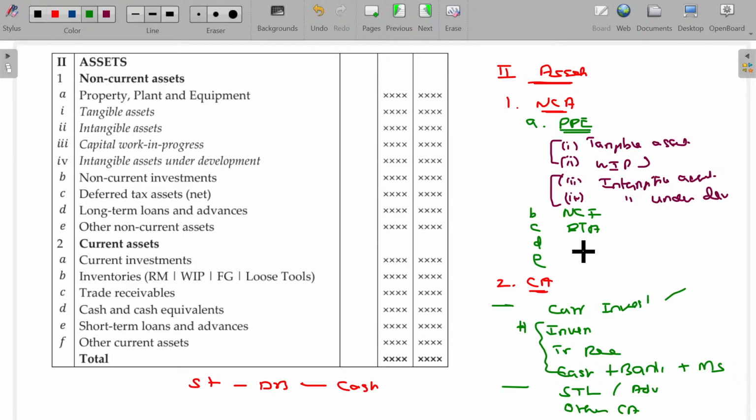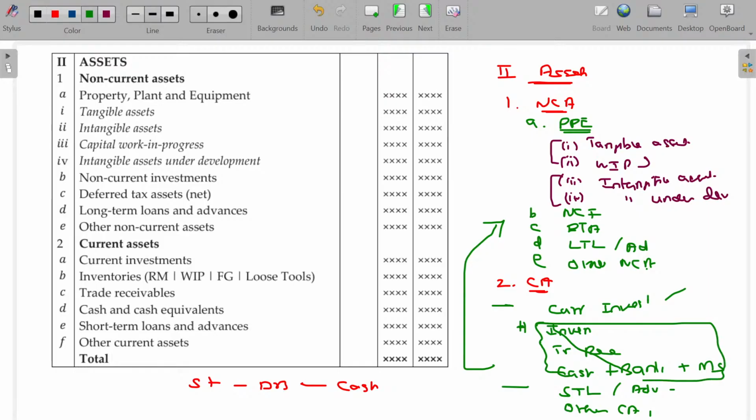And long-term loans and advances and other non-current assets. So forget about that; the rest will automatically fall under this. Non-current investment; short-term loans become long-term loans and advances; other current assets become other non-current assets. Instead of this place, we have deferred tax assets. That's how you can easily group it.